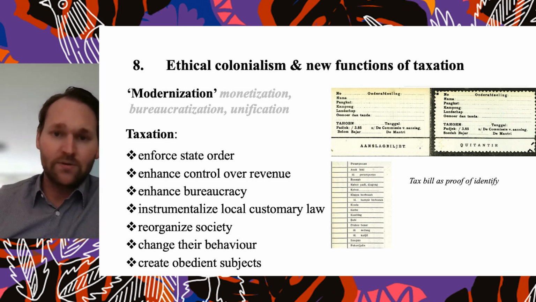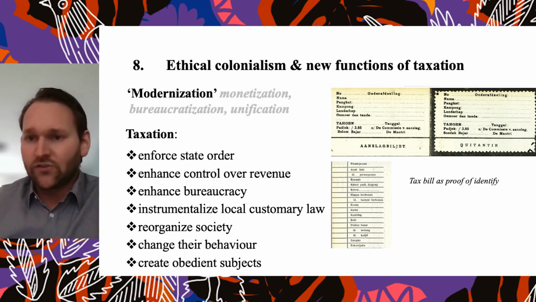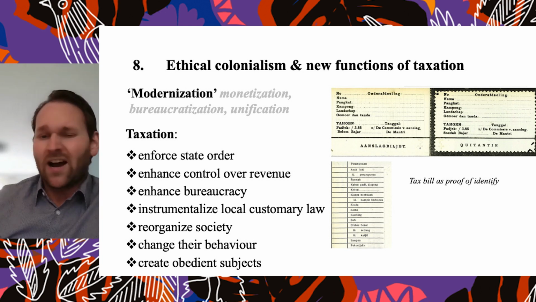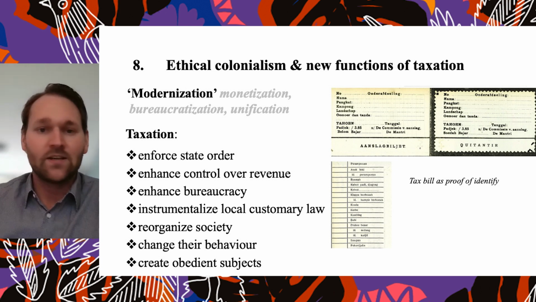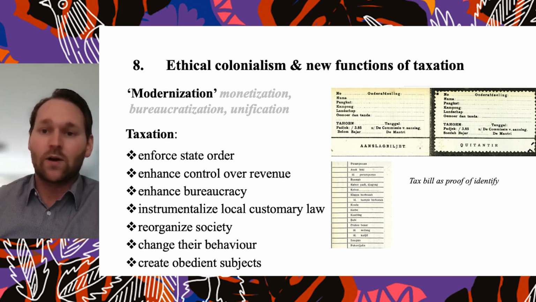Officials argued that monetary taxation would stimulate monetary income earning, modernize indigenous economies and bring order and peace. So, ironically, the Dutch seem to have believed that making people pay for their own occupation sort of helped subjecting them. The ultimate goal here was to arrive at a uniform modern tax state where every colonial subject contributed equally.